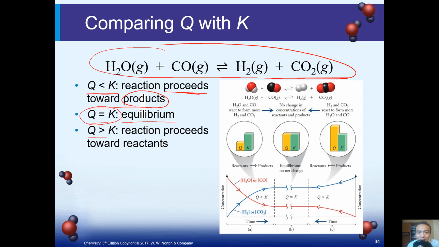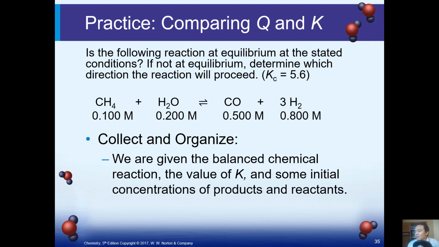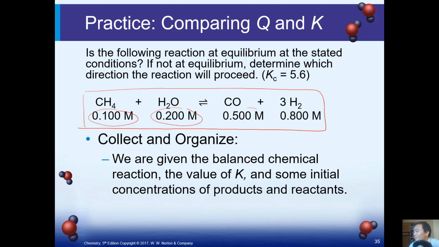All right, let's look at one specific example. In this example, you are given a chemical reaction and concentrations are given. Remember, these concentrations are the current concentrations because they tell you, that's what we see.